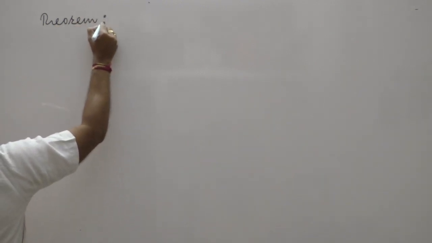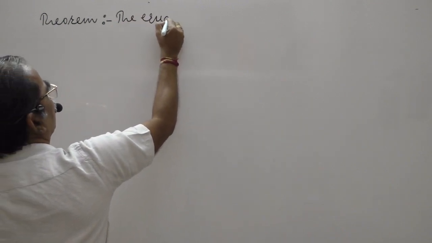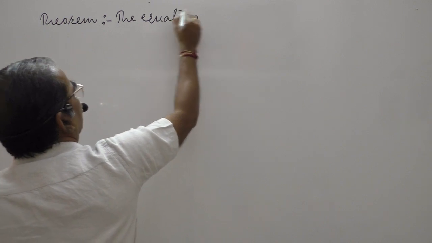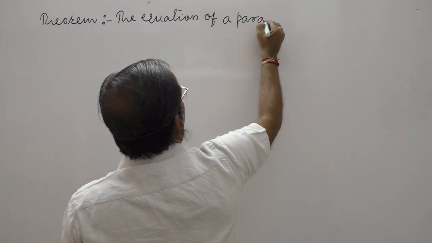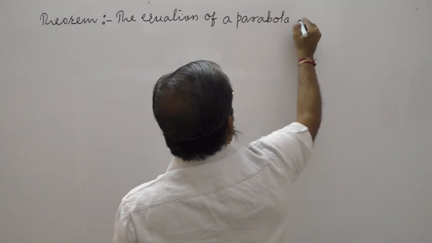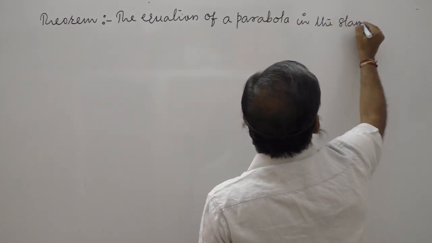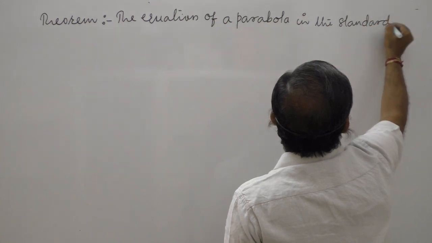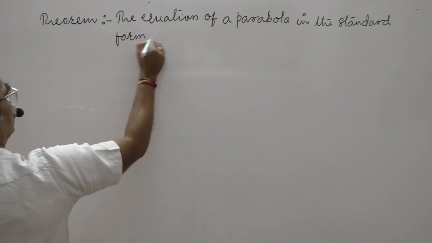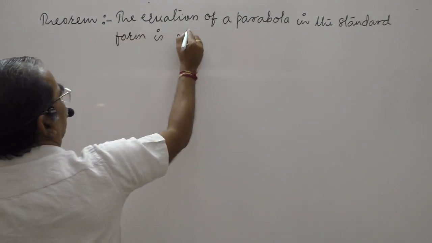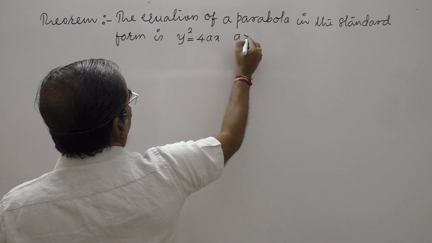Theorem. The equation of a parabola in the standard form is y square is equal to 4ax, where a is greater than 0.